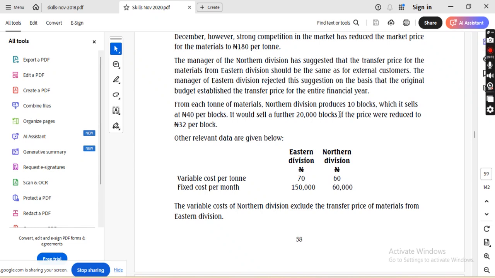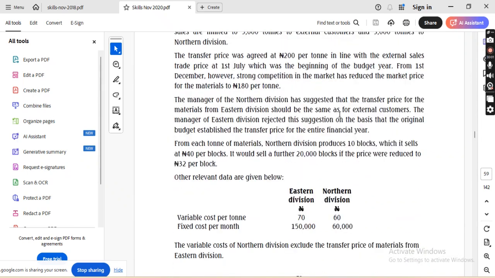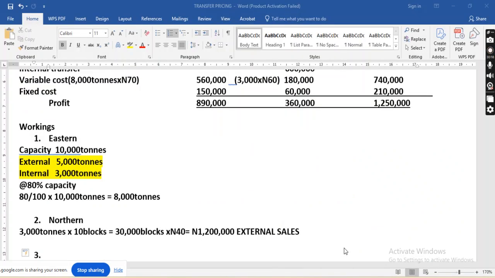Now they already have 30,000 blocks. Based on the assumption stated, let's assume that I want to reduce the price, which means they will request more blocks from the selling division. So 30,000 blocks plus 20,000 blocks gives 50,000 blocks.